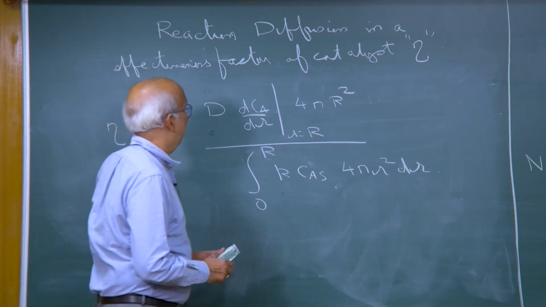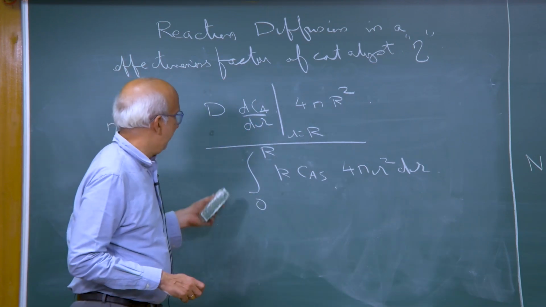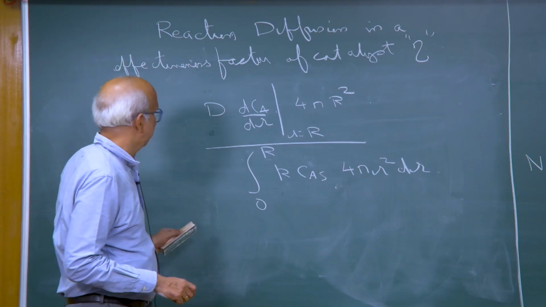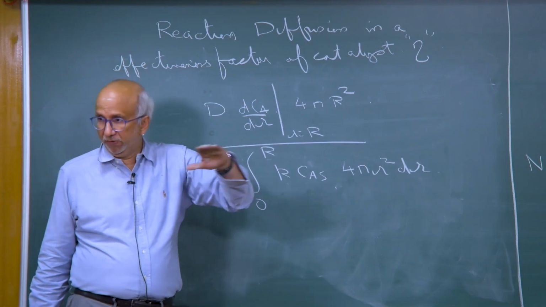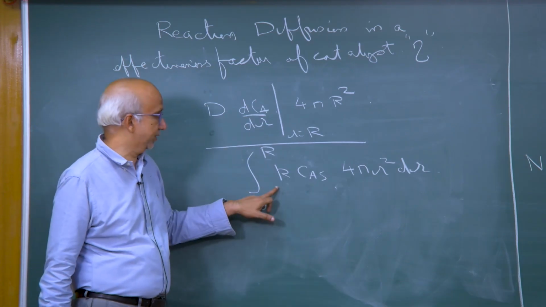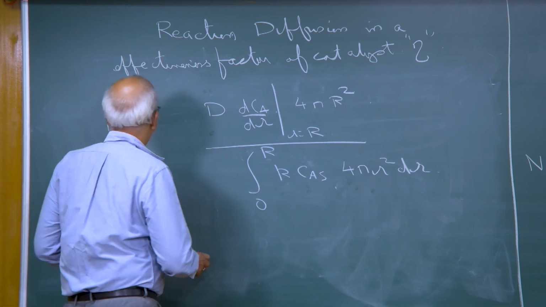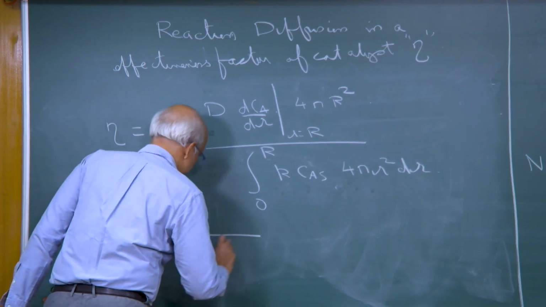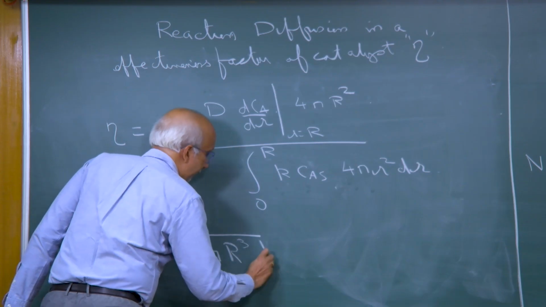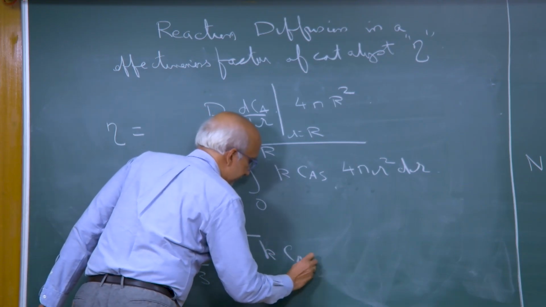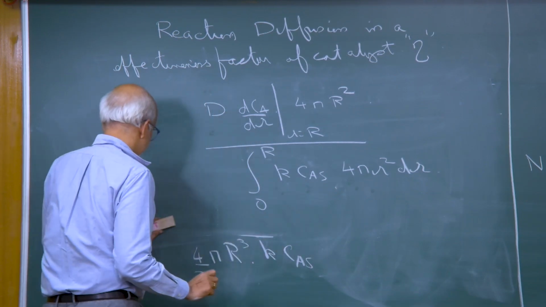Since I have my concentration in dimensionless form, I would like to make this dimensionless. CS is uniform everywhere, so this is a constant, and this is just 4/3 pi R cubed. So, the denominator is 4/3 pi R cubed multiplied by k multiplied by CAS.